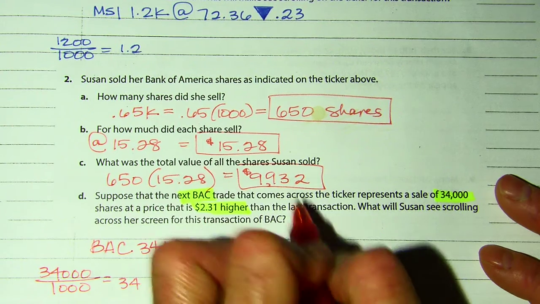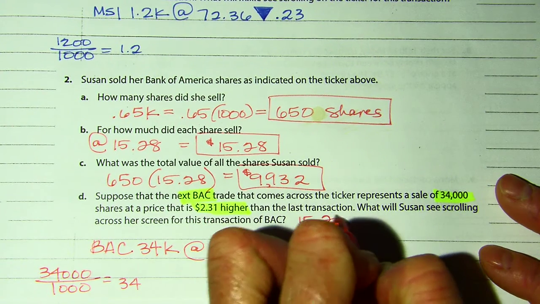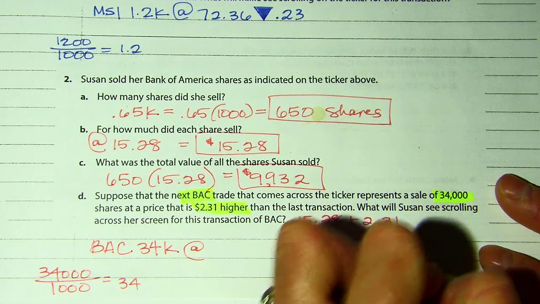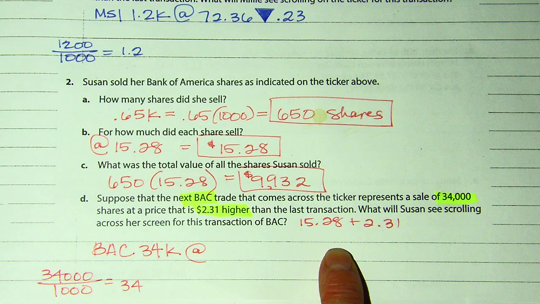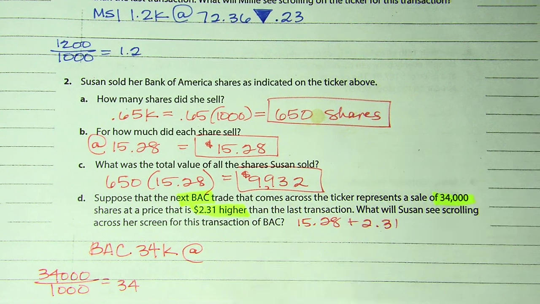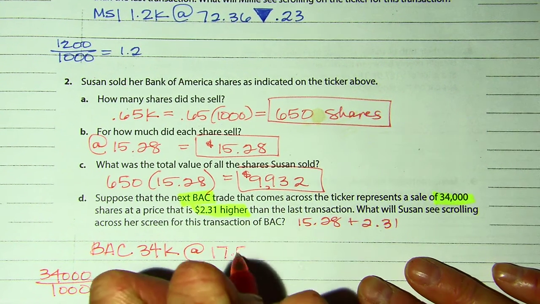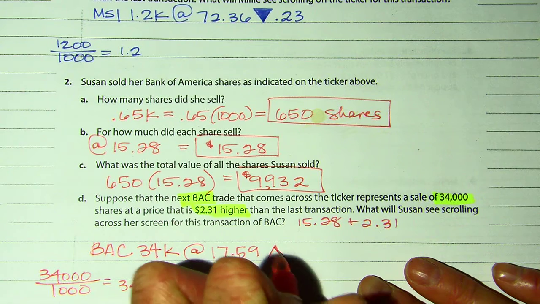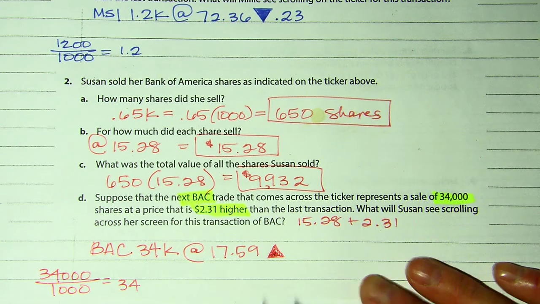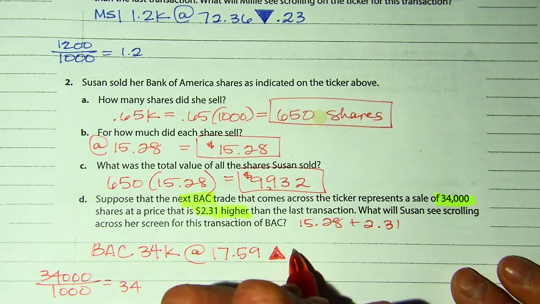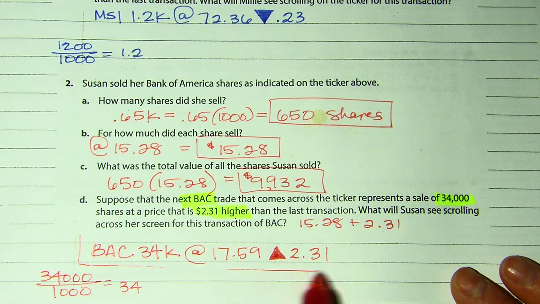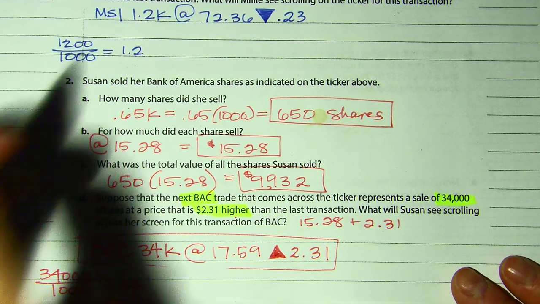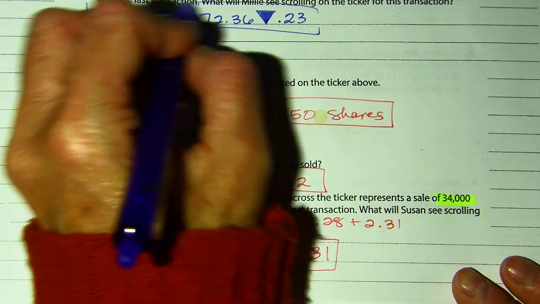So I'm going to take the last price, 15.28, plus $2.31. And if you add those together, 15.28 plus 2.31, I got 17.59, and that is up, because it says higher, to 31. Okay, so this right here is your answer. All right, so moving on.